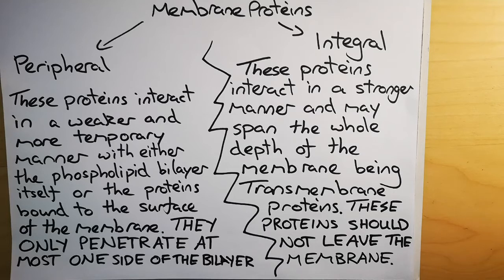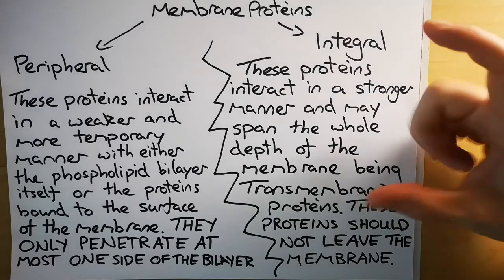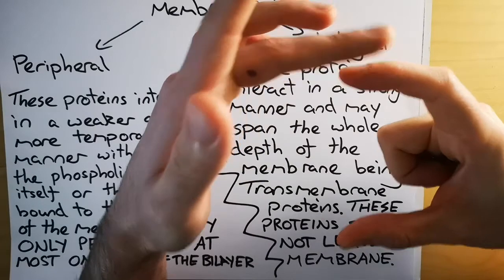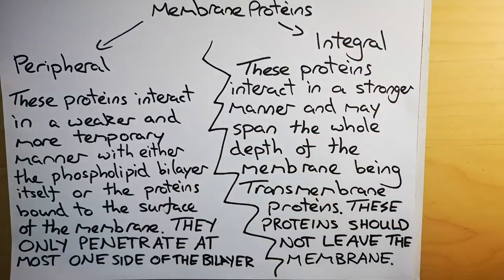Their job is to stay in the membrane and do a function. These integral proteins can either span the entire depth of the membrane, so I'll show you some diagrams of that in the next bit. However, those ones that span the entire way across, so they go from one side of the membrane right through to the other, those are transmembrane proteins.